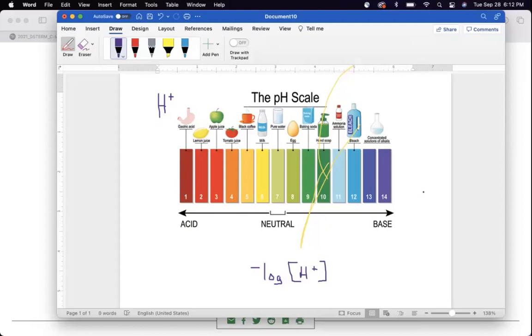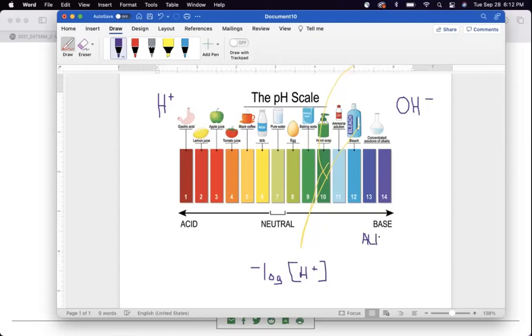Now, on the opposite end, when you get closer to a base, the ions of a base or an alkaline would be hydroxy ion, and hydroxy ions are negative. So you have like an egg or baking soda, which is mildly basic. And another word for basic is alkaline.